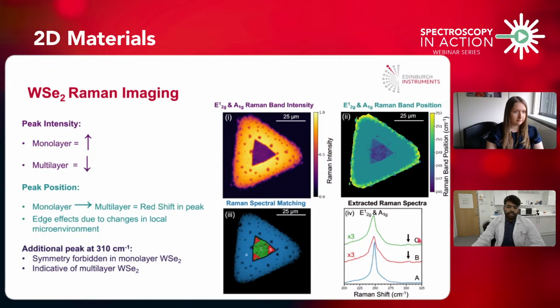We can see it highlighted on the Raman spectra in B and C. It's very important to note that this peak will only appear on multi-layered systems and is symmetry forbidden within monolayered tungsten diselenide. So now we're going to move on to the PL imaging.